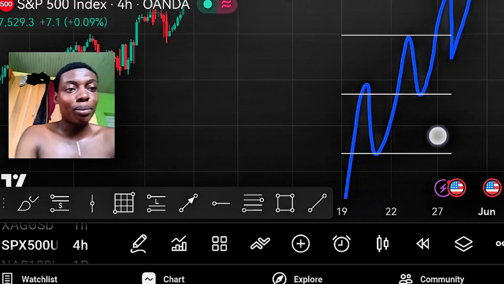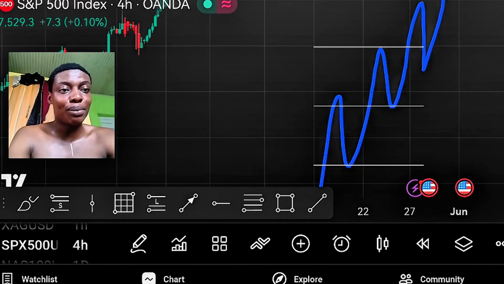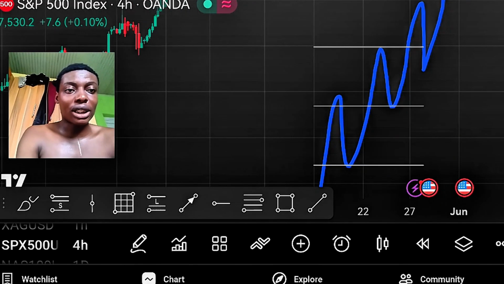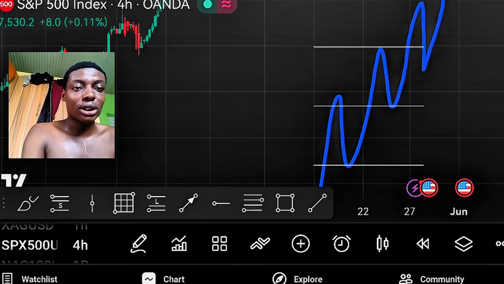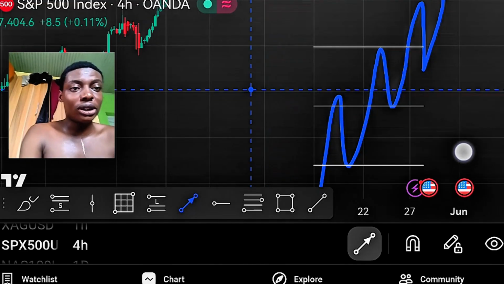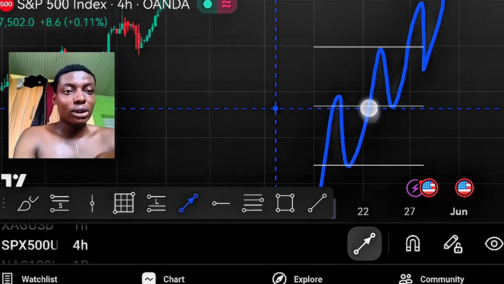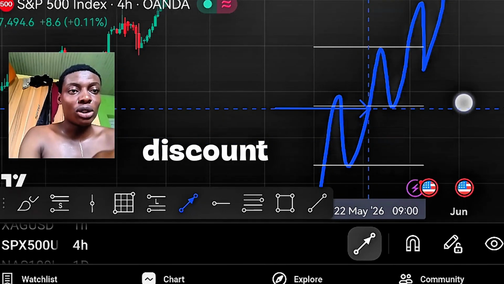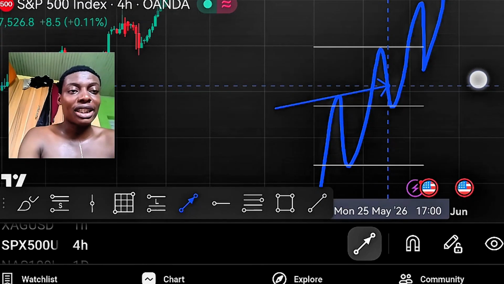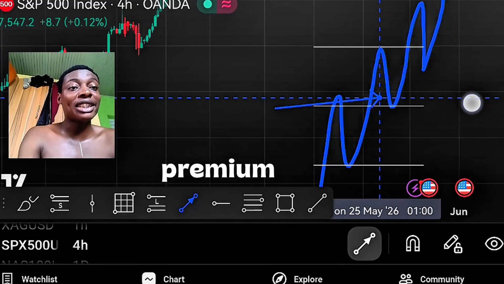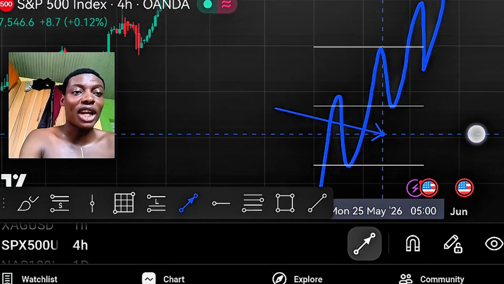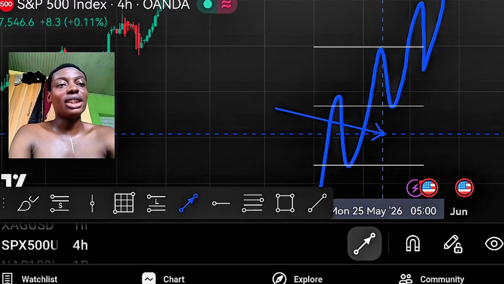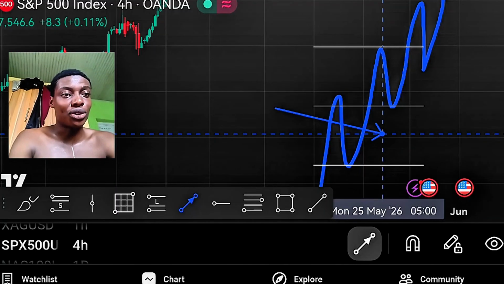This part below is discount. This part above is premium. So price has to come into discount of equilibrium, then price continues.